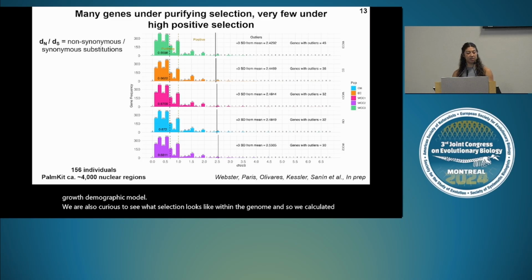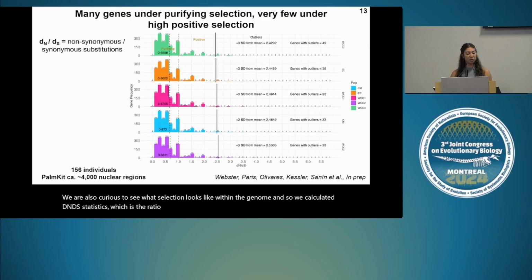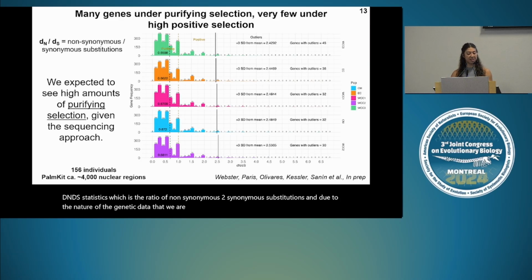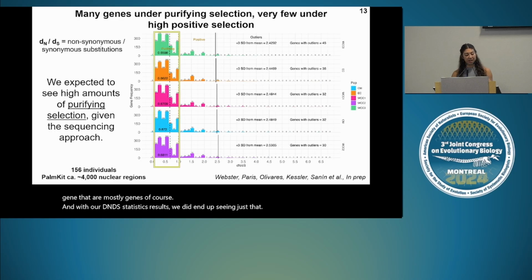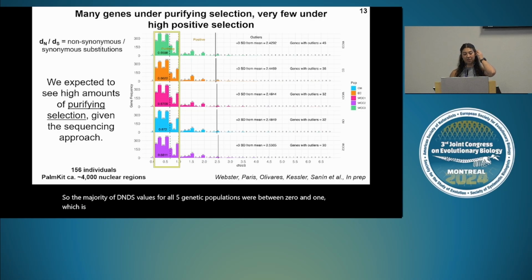We are also curious to see what selection looks like within the genome, and so we calculated dN/dS statistics, which is the ratio of non-synonymous to synonymous substitutions. Due to the nature of the genetic data that we are using, we expected to see high amounts of purifying selection. The sequencing approach was targeted sequence capture of the 4,000 gene regions that are mostly genes, of course. And with our dN/dS results, we did end up seeing just that. The majority of dN/dS values for all 5 genetic populations were between 0 and 1, which is typically an indication of purifying selection.